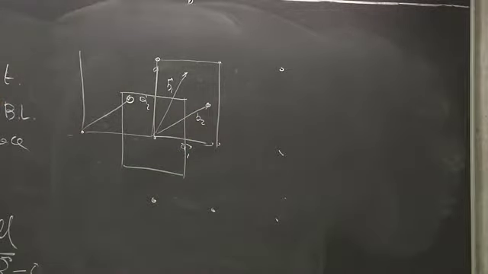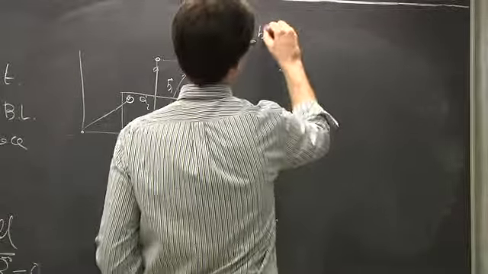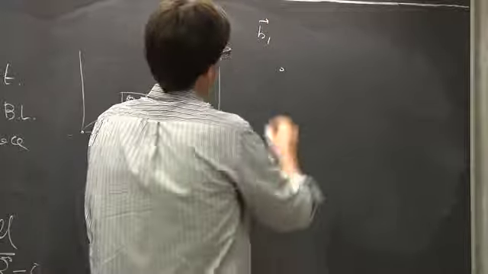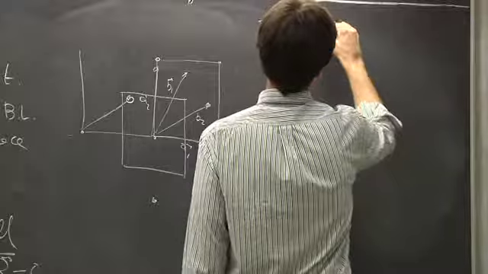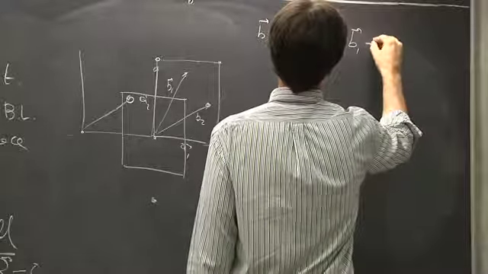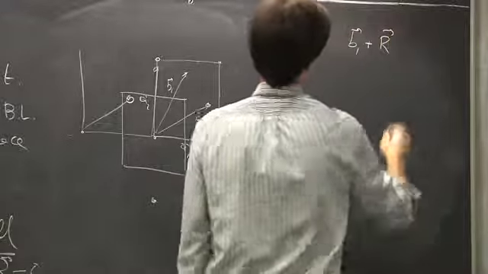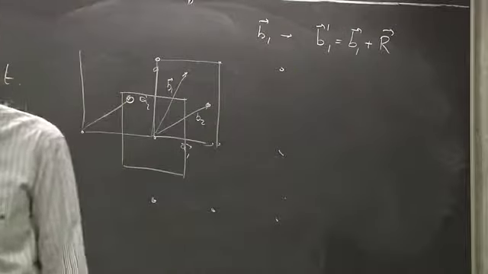Can we also change the basis? Yes, at that point, why not? If I have B1, an element in the basis, I can always decide to change it by taking an arbitrary Bravais lattice vector, obviously, yes.